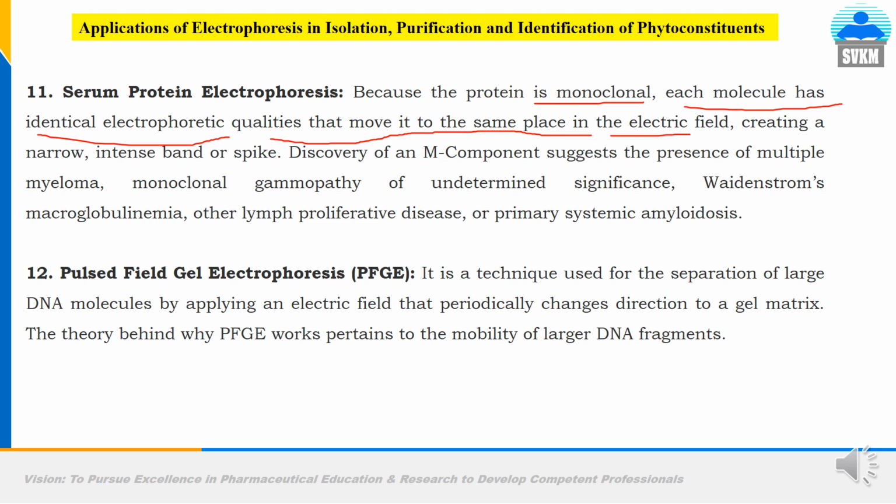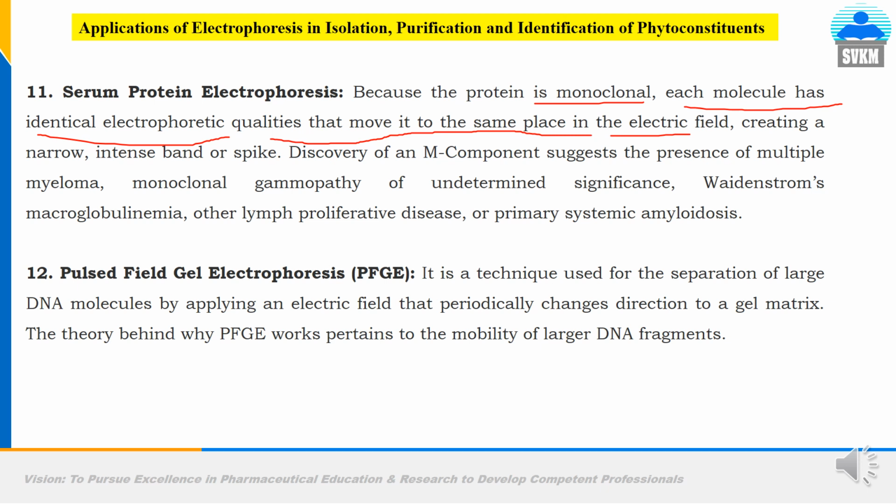The discovery of an M component suggests the presence of multiple myeloma, monoclonal gammopathy of undetermined significance, Waldenstrom's macroglobulinemia, other lymphoproliferative diseases, or primary systemic amyloidosis. These components, especially the protein spikes or narrow, intense bands, may appear because the proteins being detected have the same intensity, the same electric field response, and the same separation pattern.